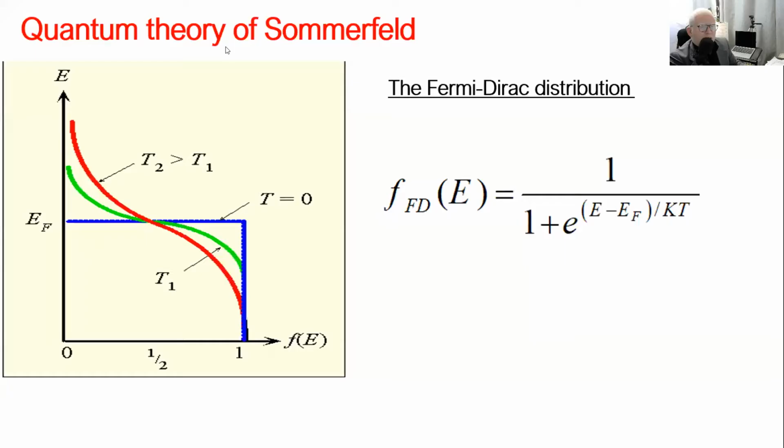So if this one is higher, it will move like this, and vice versa. This is typically the case where we have our Fermi level. So the Fermi level is just an indicator.